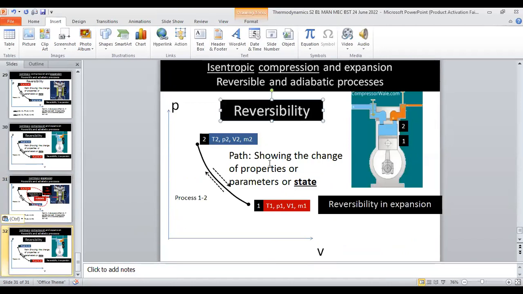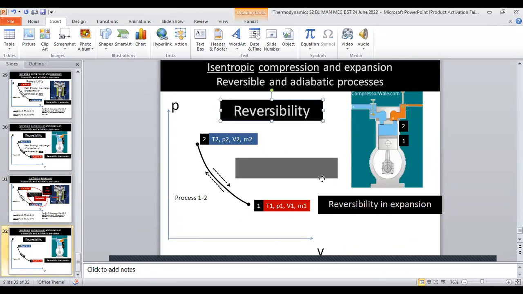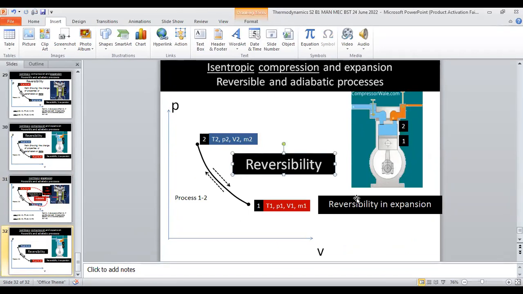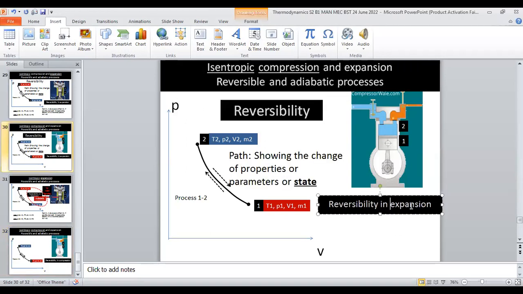So again, you have the reversibility. In expansion, sorry, here should be compression. Okay, I made a mistake here. Reversibility in compression. This slide also is compression.